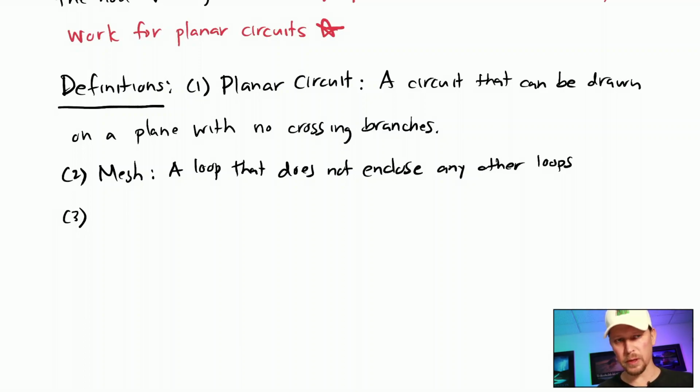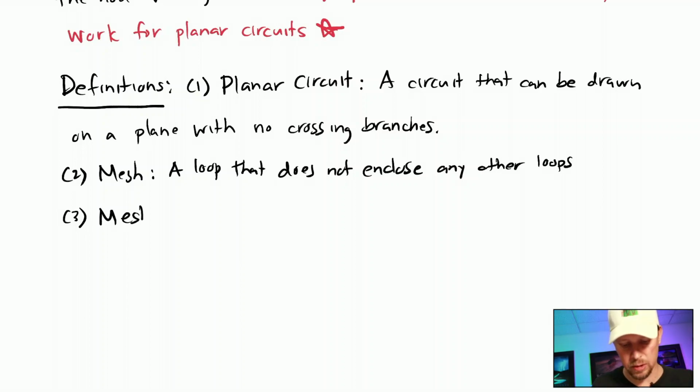The last definition that we need to lay down before we can really start talking about the mesh current method properly. Just like we needed to define node voltages as opposed to terminal voltages, I want to define mesh currents as opposed to the currents that you've been dealing with up until date. These are called branch currents. And there is a distinction between the two from time to time.